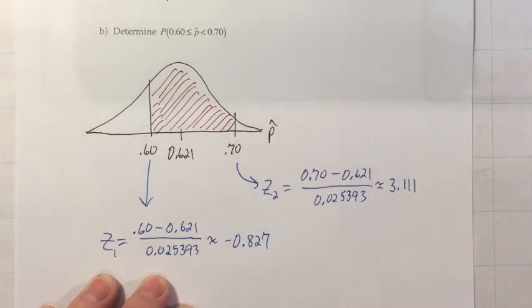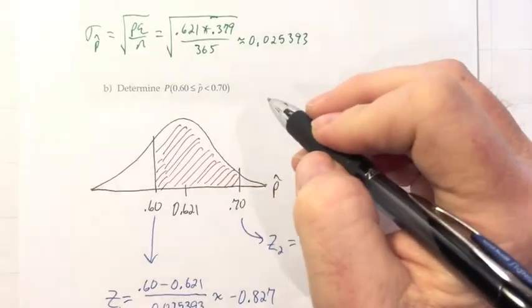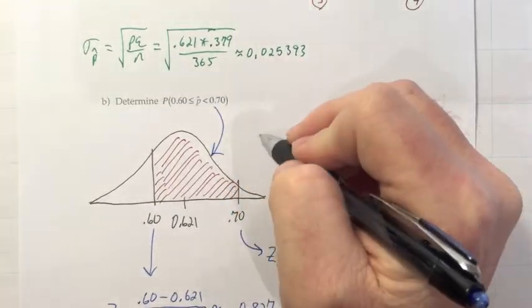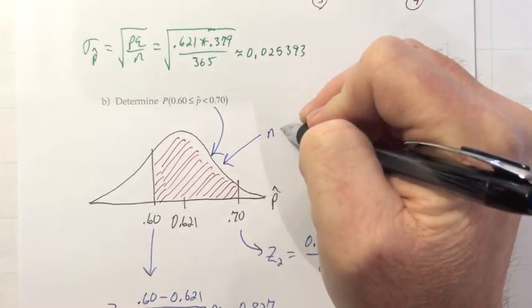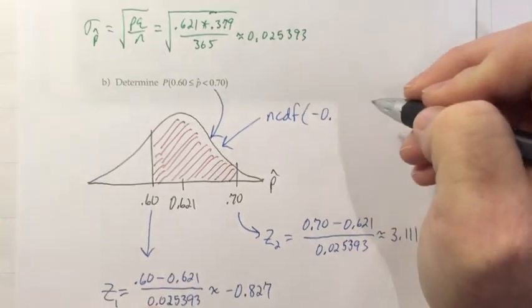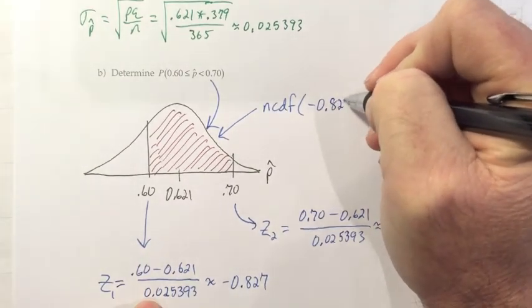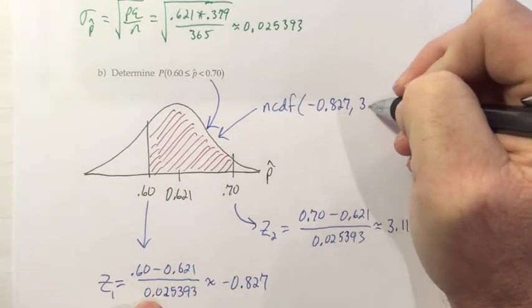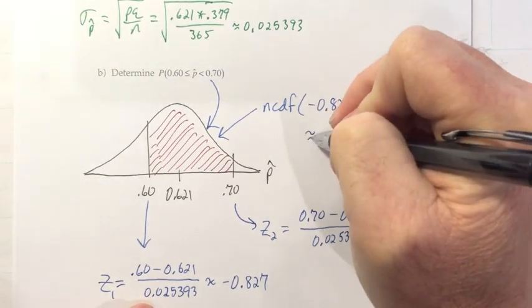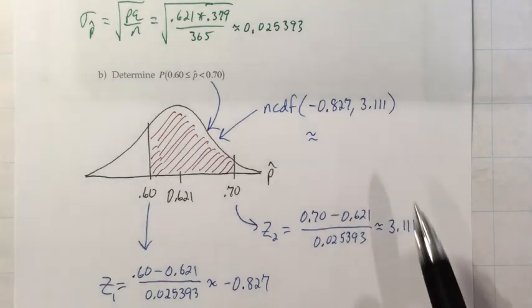So once you have your z-scores, you're ready to get area, which is probability. So whatever this area is, that's the probability, but I can find that area by using normal CDF from the left z-score boundary, negative 0.827, to the right boundary, 3.111. Okay, so we'll do that on the calculator. I'm just going to give a quick guess.